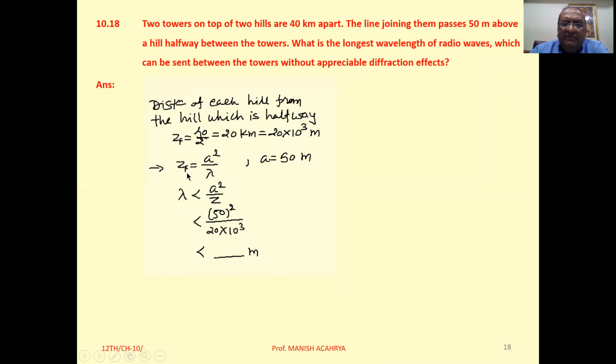Now ZF, the Fresnel distance, is a square by lambda, where a is 50 meter. So here, if lambda is less than a square by Z, then the diffraction effect will be negligible. Now substitute the values of a and Z, solve it, and you will get the answer.